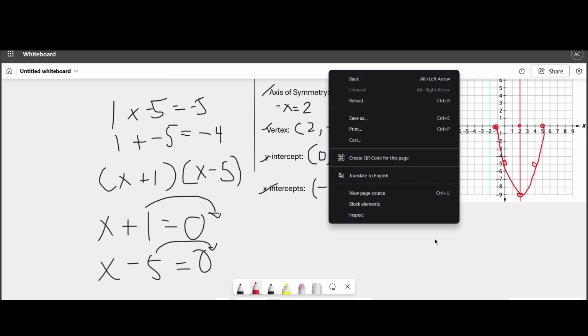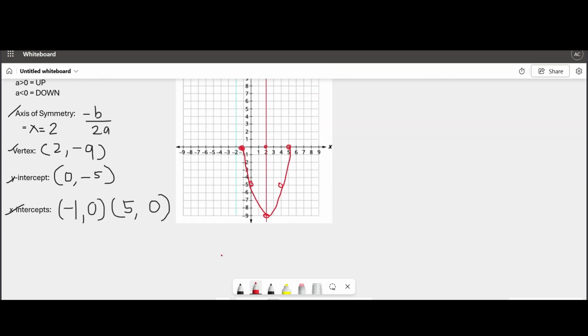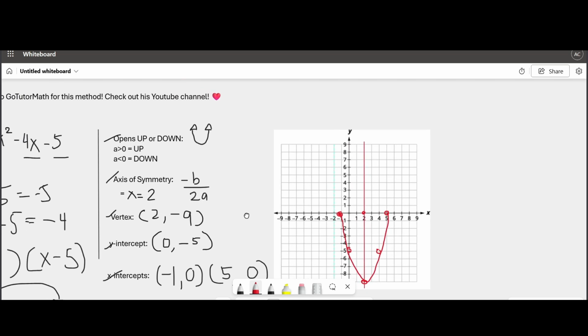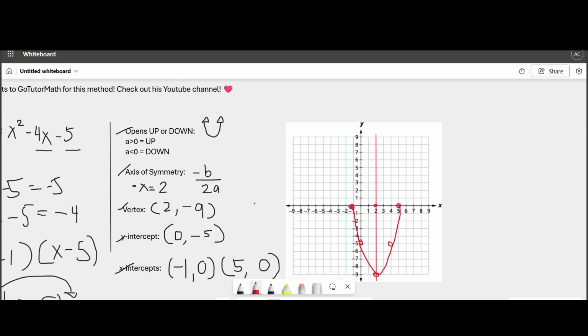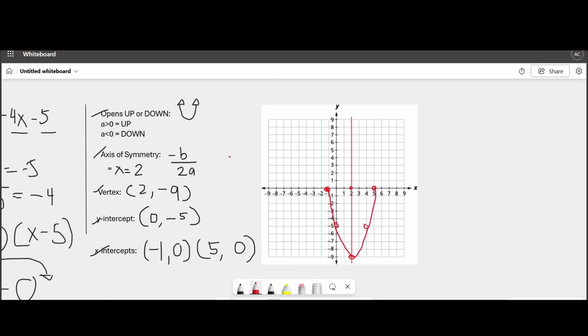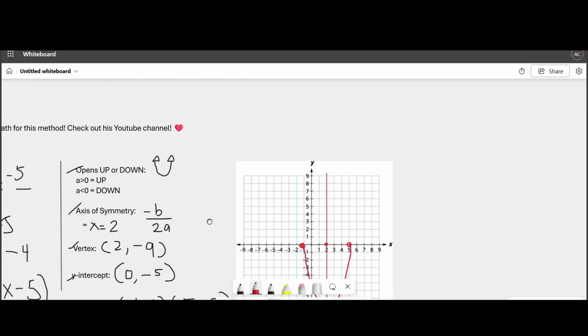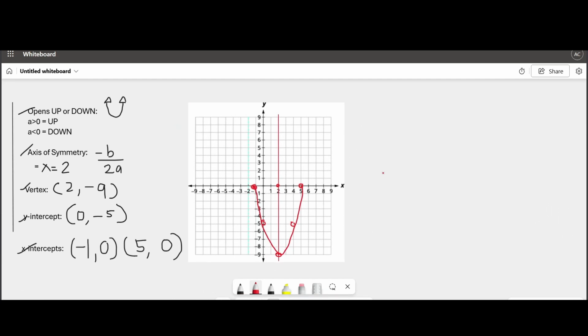But of course, as with anything, there's always going to be nuance to solving this. But hopefully, this gives you a pretty good idea on how graphing quadratic functions works with axis of symmetry, vertex, y-intercepts, and x-intercepts, okay?